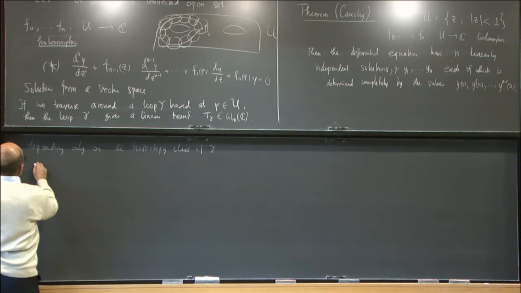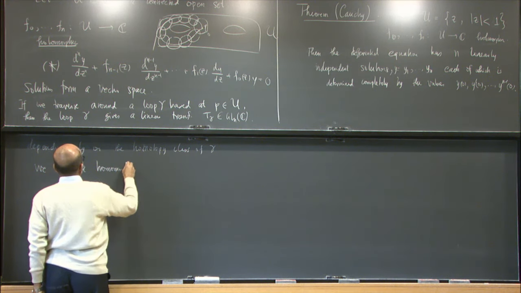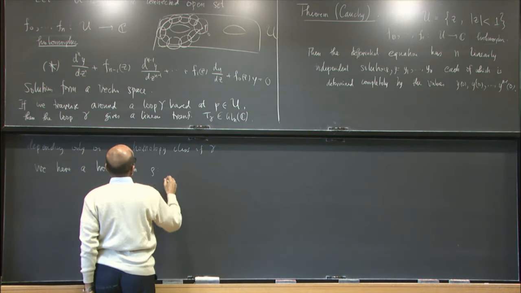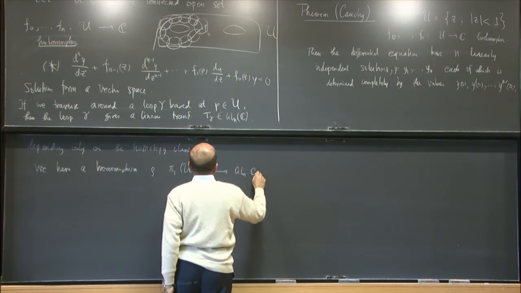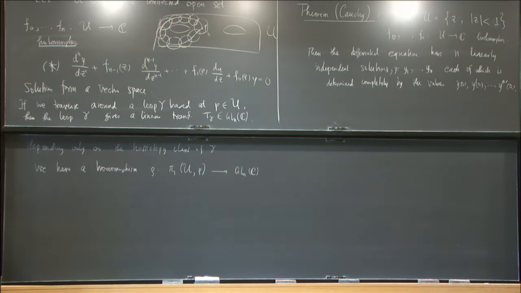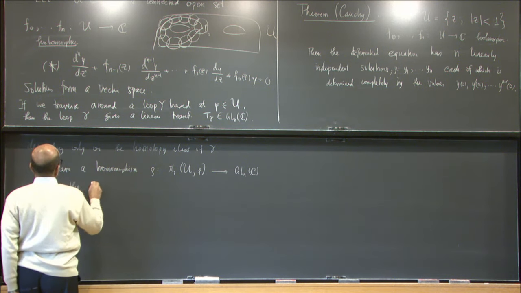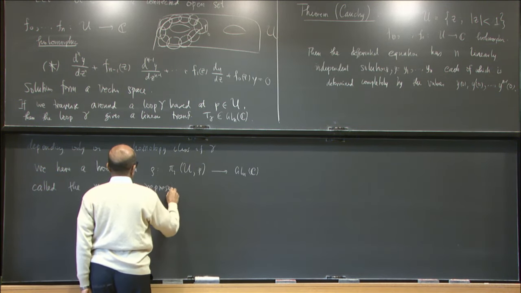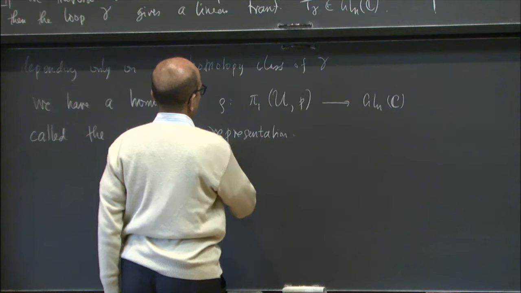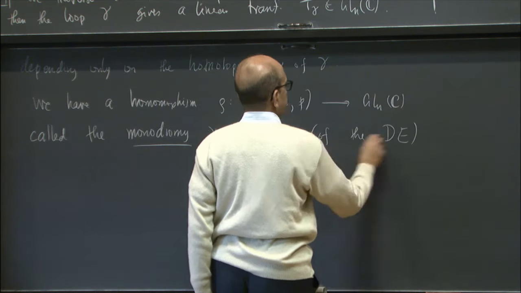In other words, we have a homomorphism rho from pi 1 of this connected open set into GL_n(C), called the monodromy representation of the differential equation in question.